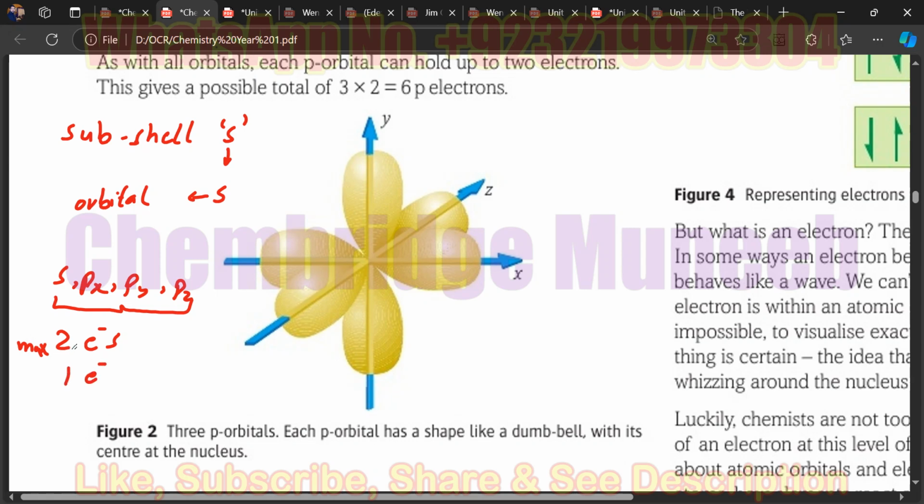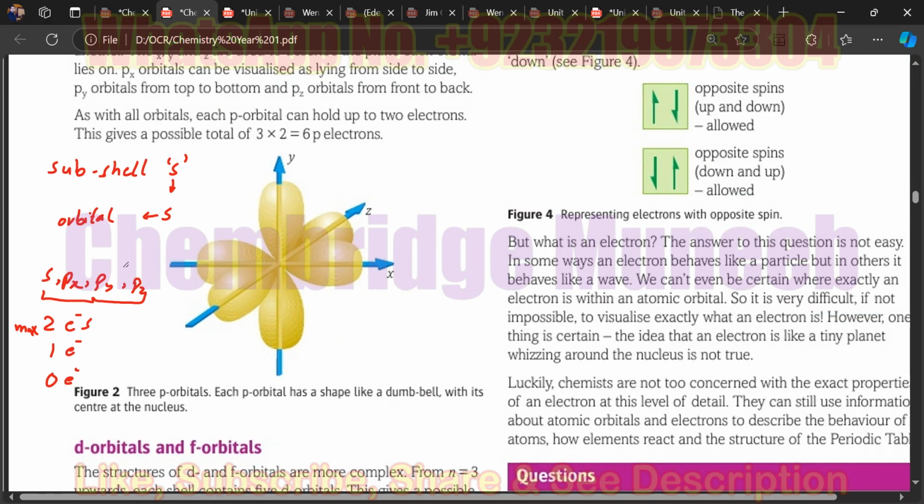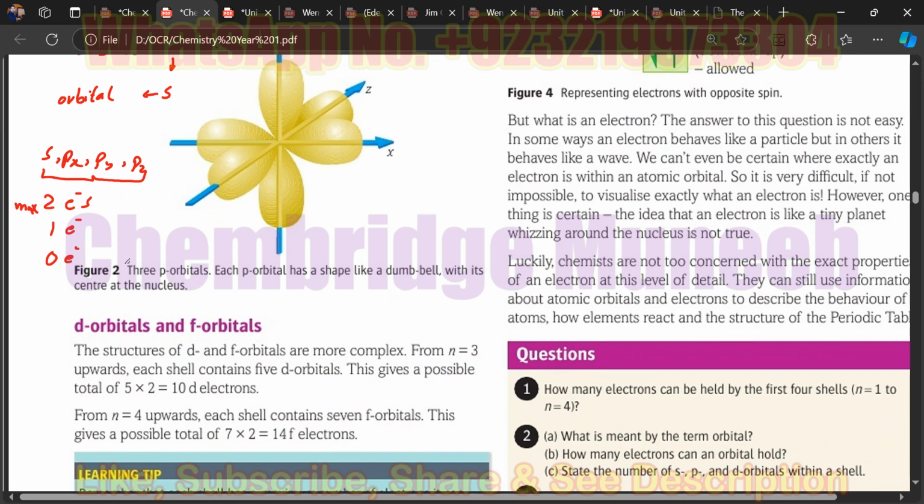They can contain maximum 2 electrons and minimum 1 electron. But if there are 0 electrons, which means no electron, then that kind of atomic orbital will not be shown, because it is an empty orbital. So you will either show 1 electron in the orbital or 2 electrons in the orbital. Is that clear? Yes.